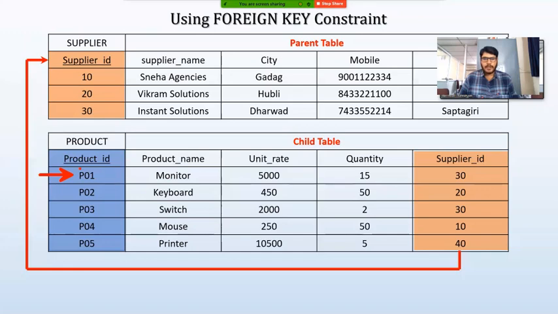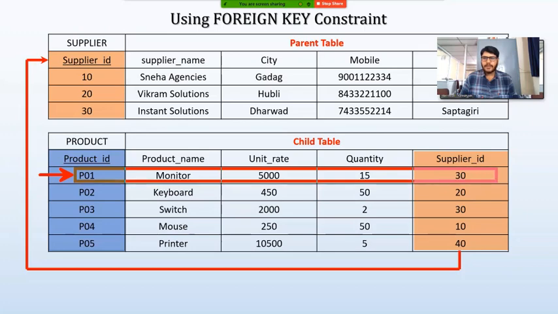If you observe this particular record, P01 is the product ID, monitor is the name of the product, unit rate is 5,000, and how many monitors has he supplied? 15 monitors. And who supplied this? Supplier ID 30.